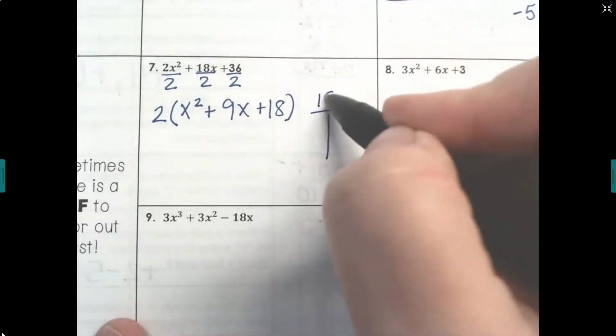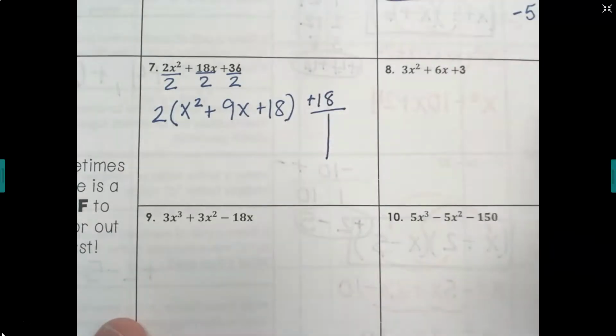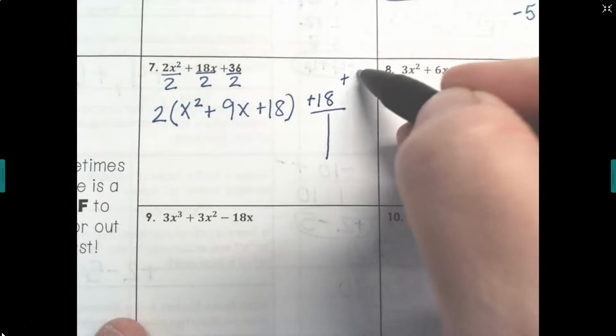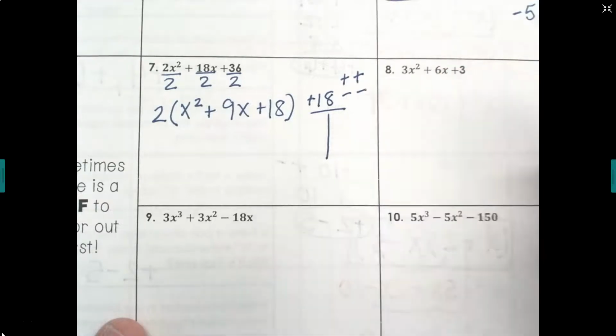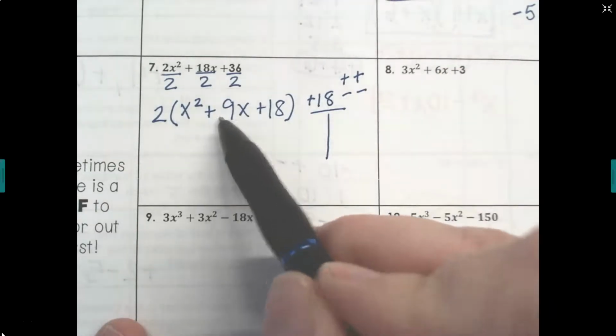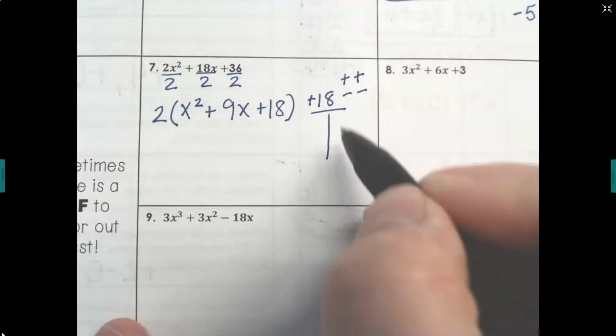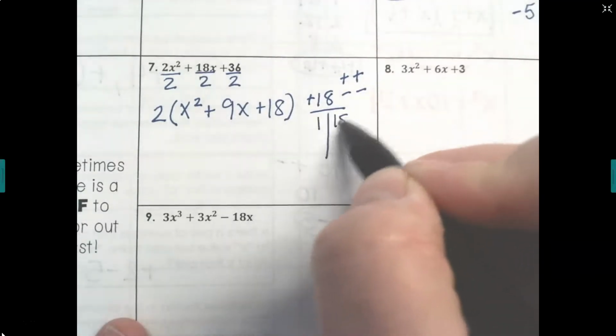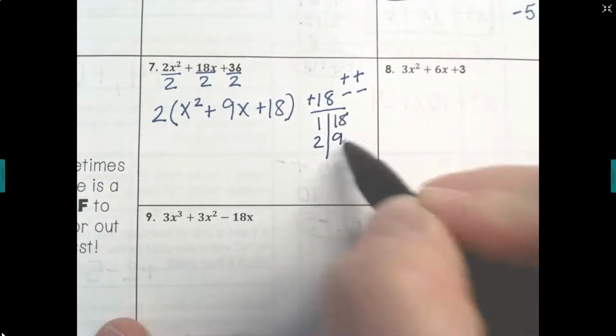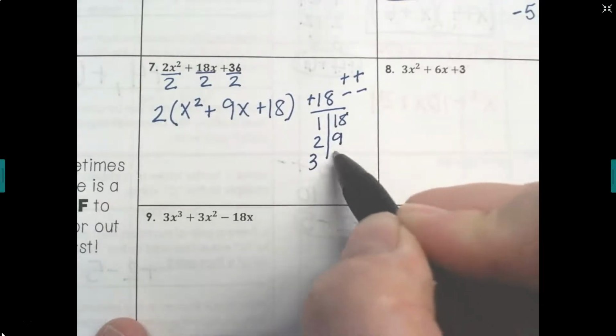If I have a positive 18, that means my numbers are either positive, positive, or negative, negative. If I'm going to add to a positive 9, they're going to have to both be positive to make this work. So for 18, we could do 1 and 18, 2 and 9, or 3 and 6.